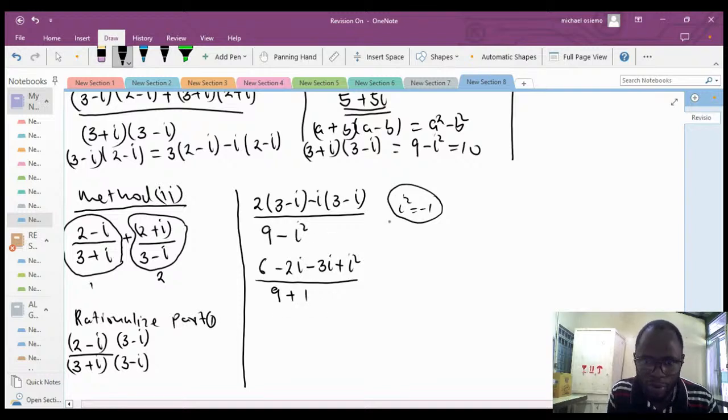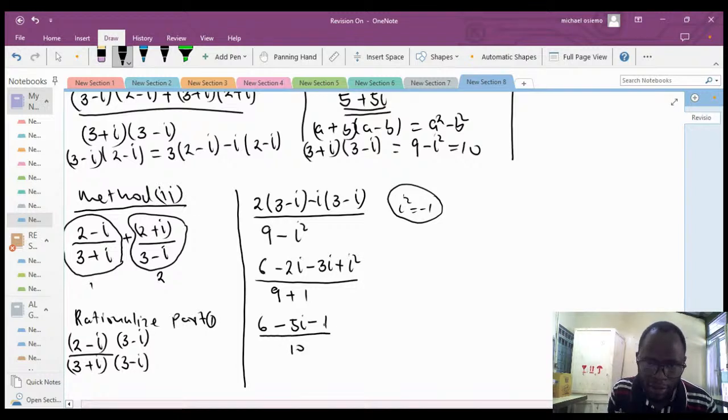Because I squared is equal to -1. So we shall have, also being this I squared equal to -1, we are going to have 6 minus 1. So we're going to have 6 minus 5I, then plus. So it will be -1 because I squared is equal to -1, and then 10.